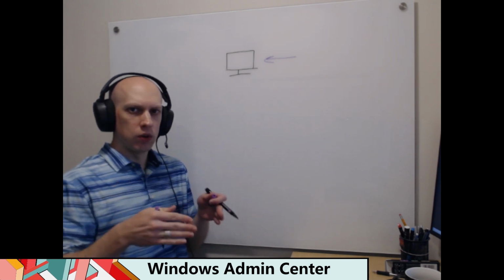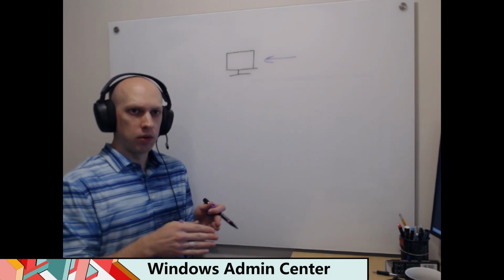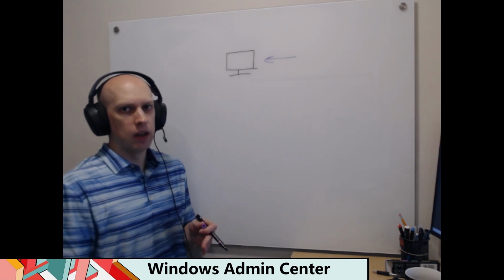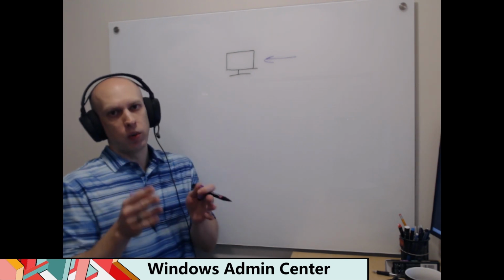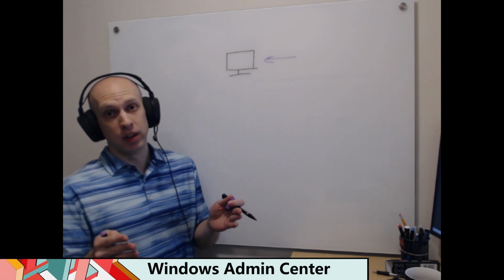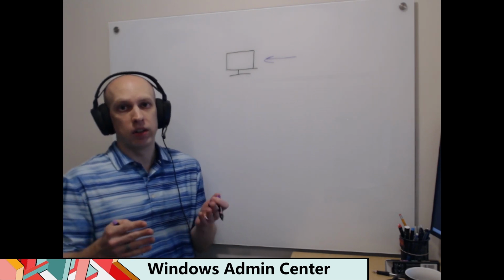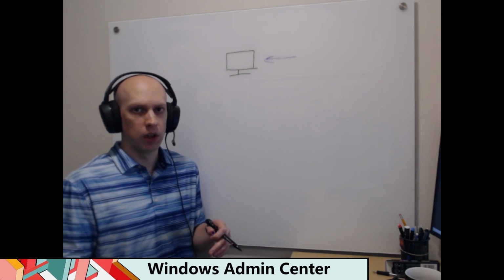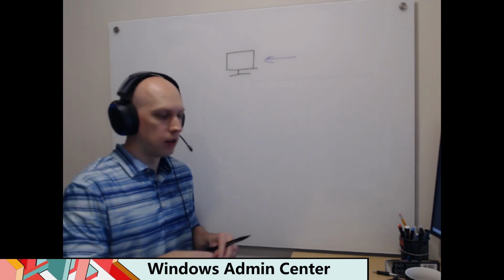You use the Windows Admin Center console on your desktop to connect with and manage the servers from that desktop. Now, we're going to get into the requirements of Windows Admin Center a little bit later, but it does require essentially that your WinRM ports are available from your workstation, which won't always be the case.